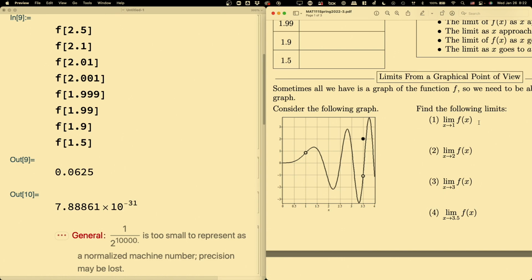Not necessarily, right? It's not guaranteed that the limit's value and the function's value are the same thing. Sometimes they are. Sometimes they're not. We've got 2 examples of each. Sometimes they're not equal because the function is not even defined. We've got an example of that.